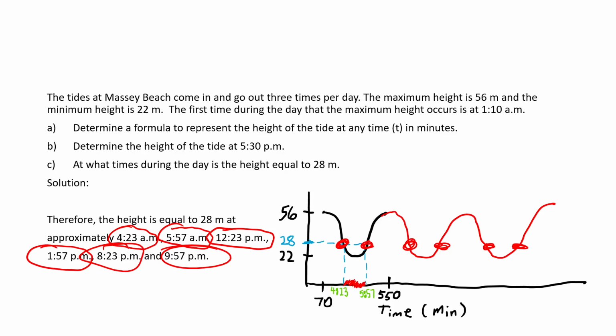And to figure that out, we could go back a while ago to when we had 4:23 written as approximately 263.1, and 5:57 written as approximately 356.9. And to determine how many minutes there are in between these two, we would just have to subtract.